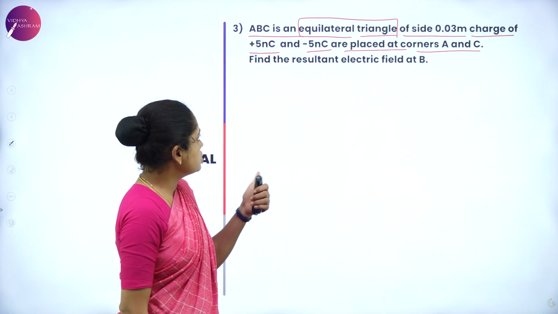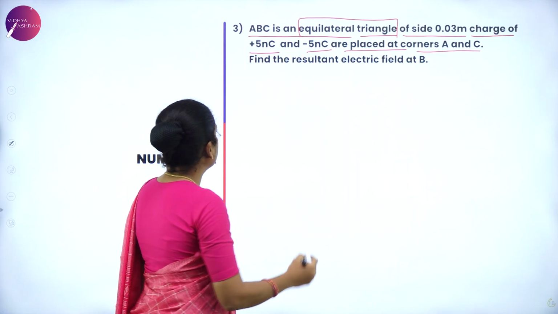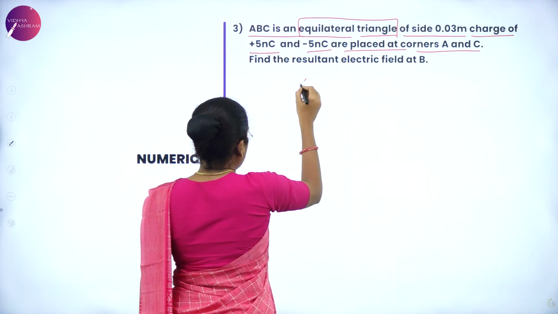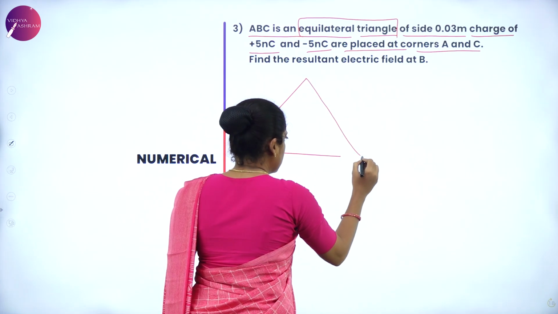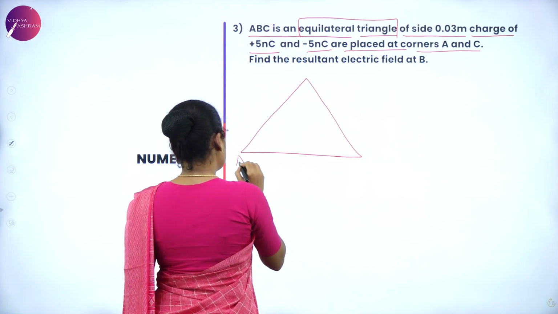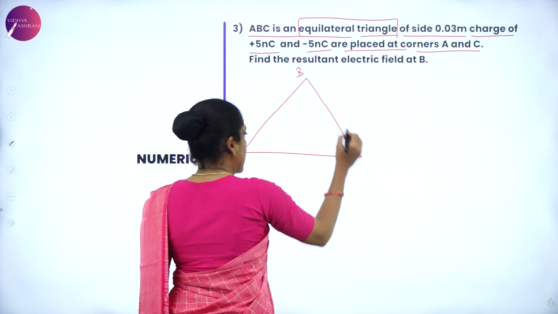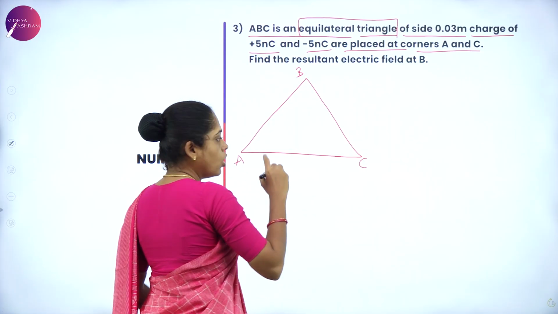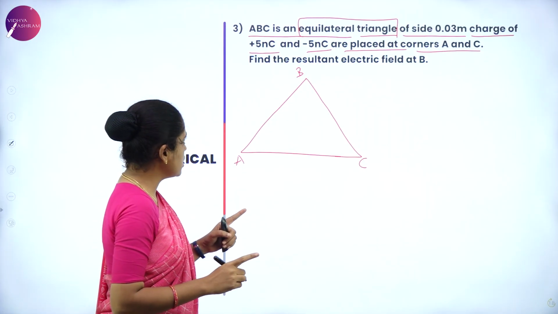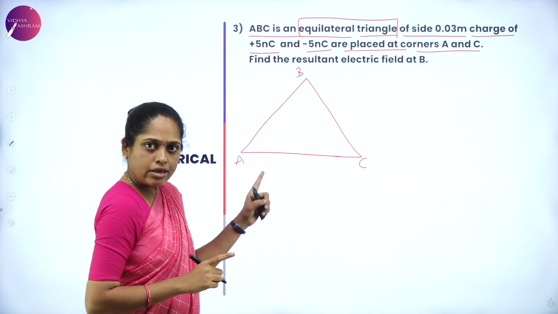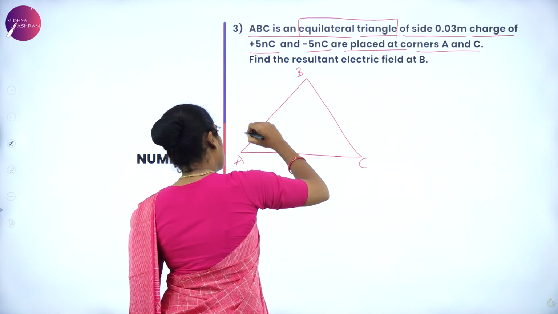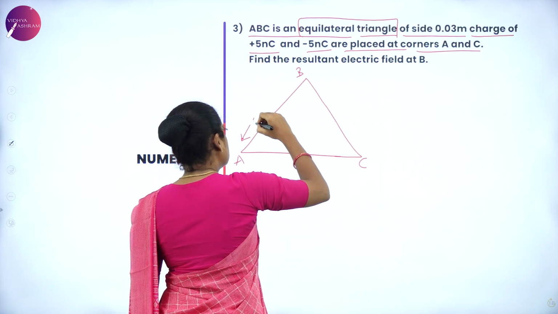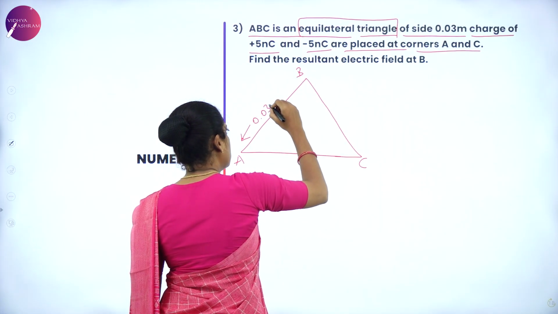Yes, according to this question, let me draw the diagram. What we have is an equilateral triangle. What is an equilateral triangle? A triangle whose sides are equal and angles are equal. All the angles and all the sides are equal, then it is an equilateral triangle. In this equilateral triangle, the side is given as 0.03 meter.